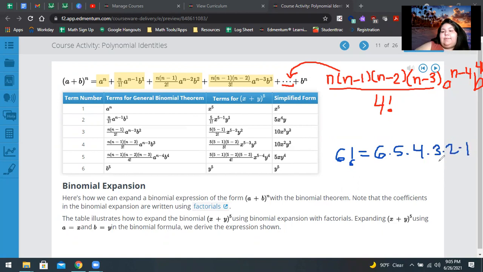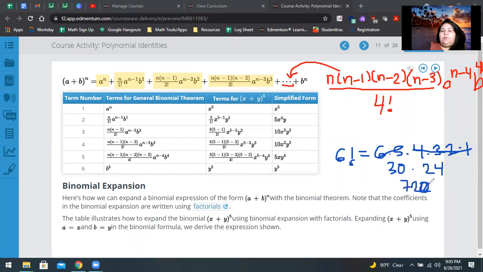You multiply all those numbers out, and you get your 6 factorial. So 6 times 5 is 30. 4 times 3 is 12. 12 times 2 is 24. Times 1, still 24, so we already included that. And then this is 720.